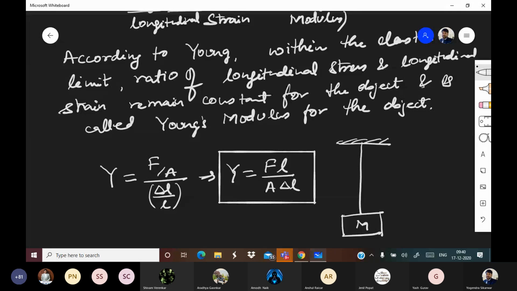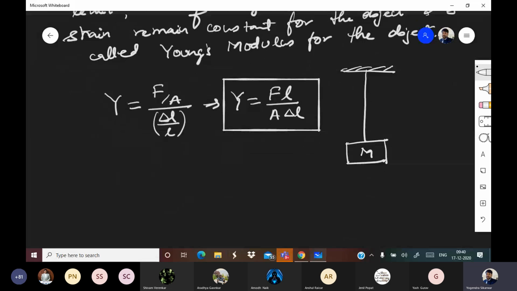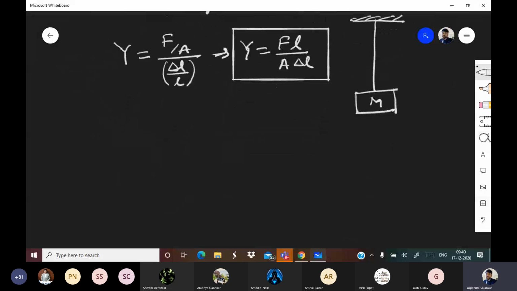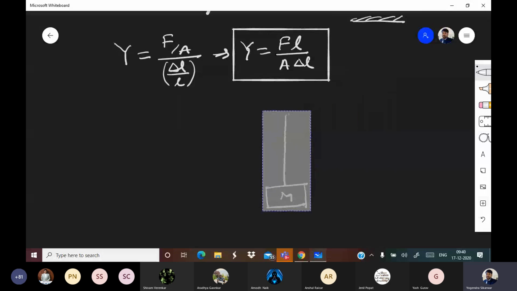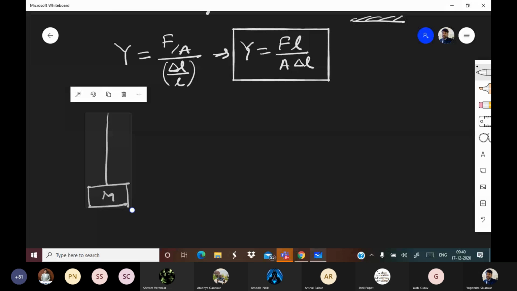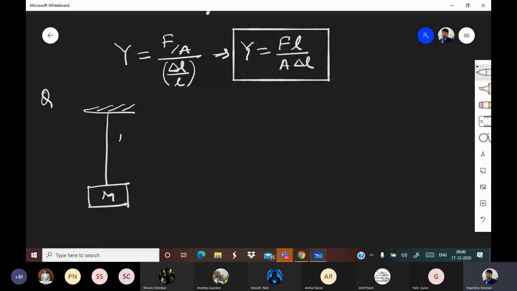Okay, let me give you some questions. Let me use this diagram directly. Question. This is L, this is A, this is Y. L is the length of the wire, A is the area of cross section of the wire, and Y is Young's modulus.